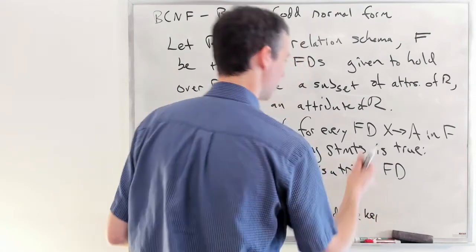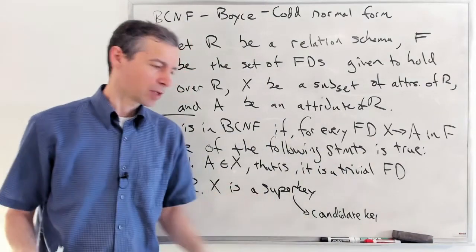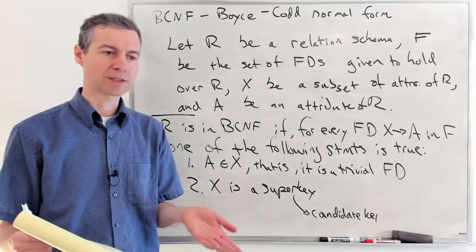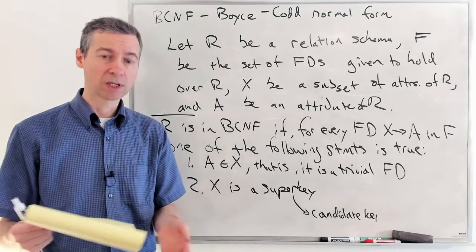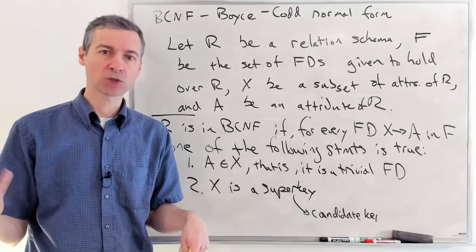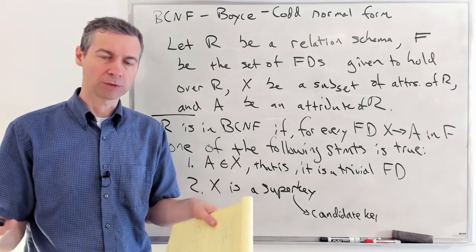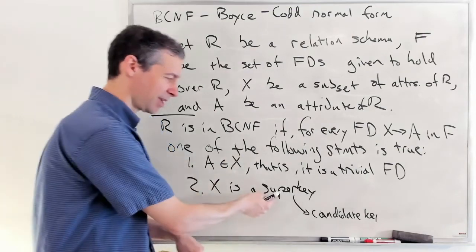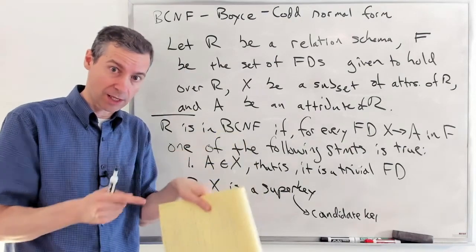The full definition is X is a super key, but we could trim X back because it is a super key. It has superfluous extra attributes that we don't need to uniquely identify a row. What's critical about saying it's a super key is that somewhere inside of it is a candidate key.